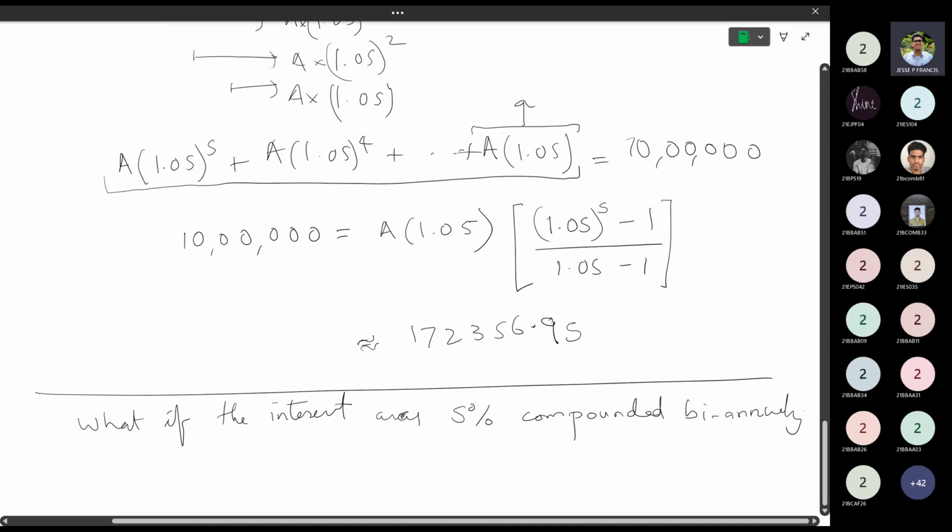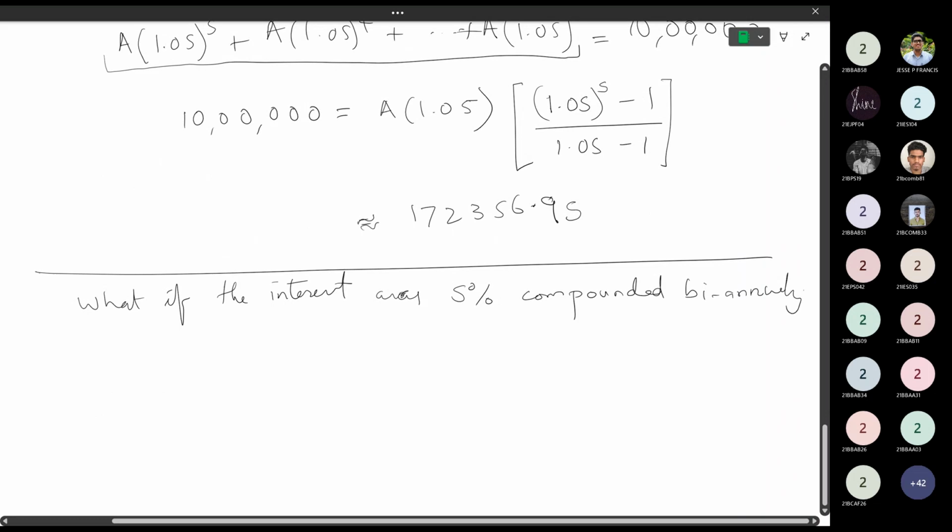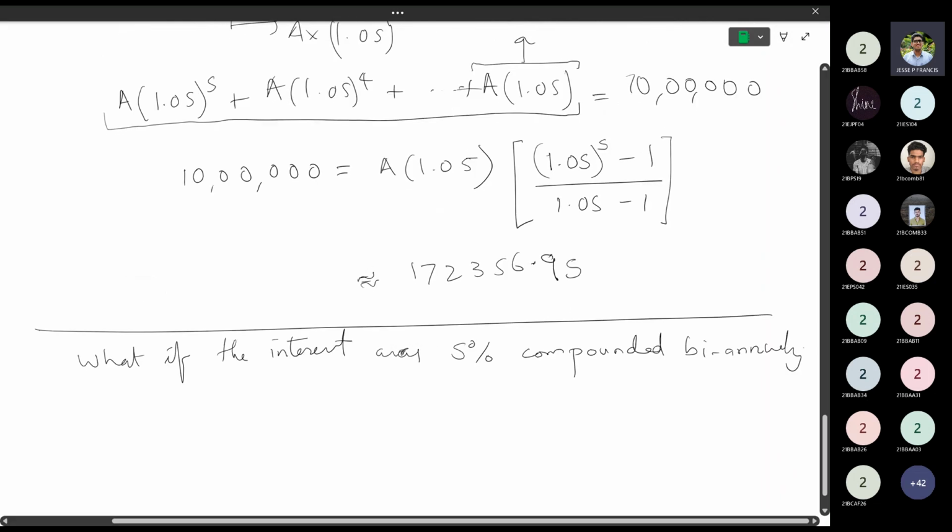That is, by 2 factor will come. It's compounded biannually. What changes? Let's see.